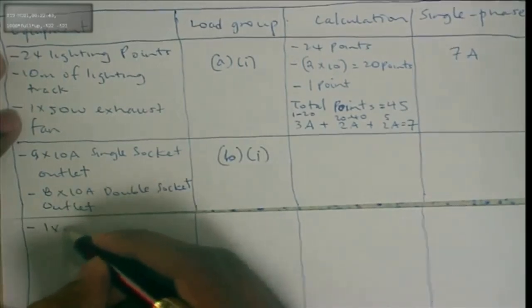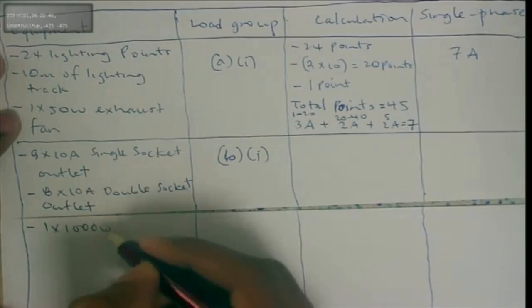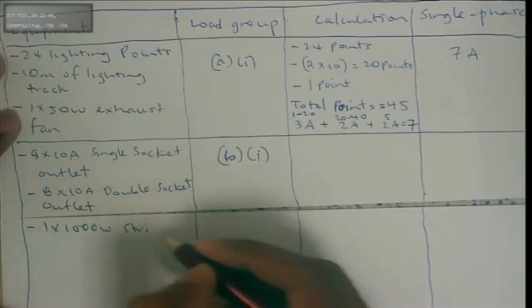We have 1 by 1000 watt strip heater which belongs to group B1, right?